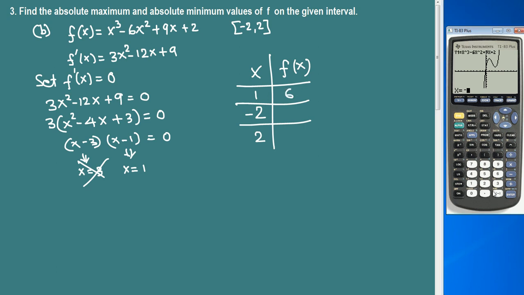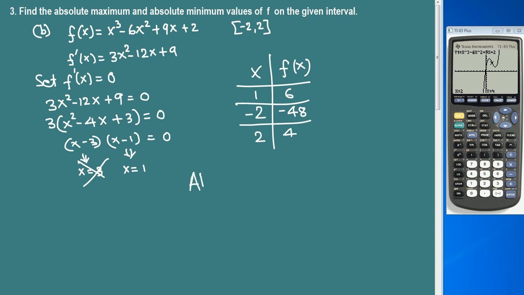Plug in -2, we get -48. Plug in 2, we get 4. Out of these three numbers, 6 is the largest one, so that is the absolute maximum, and -48 is the absolute minimum.